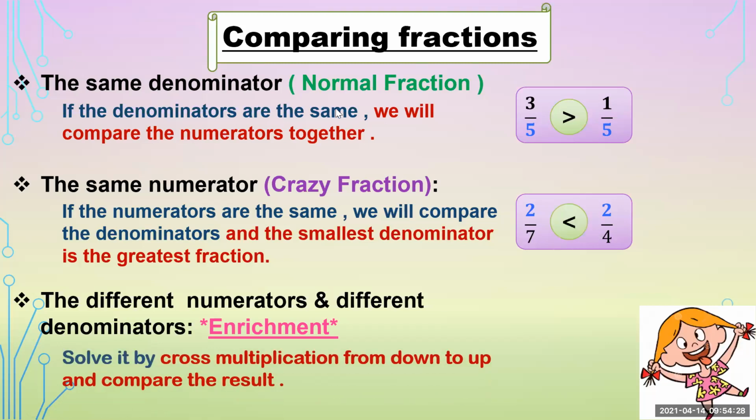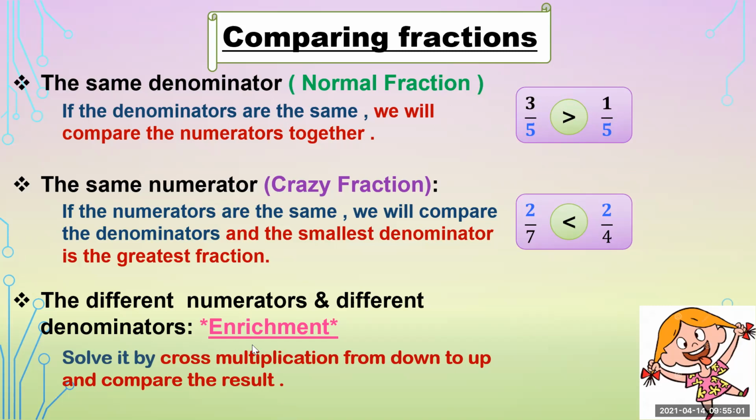We have another type. This is extra for you, as enrichment. It's not in grade 3, but we should know it as extra information, okay? If we have different numerators and different denominators, some of you asked me how to compare this.